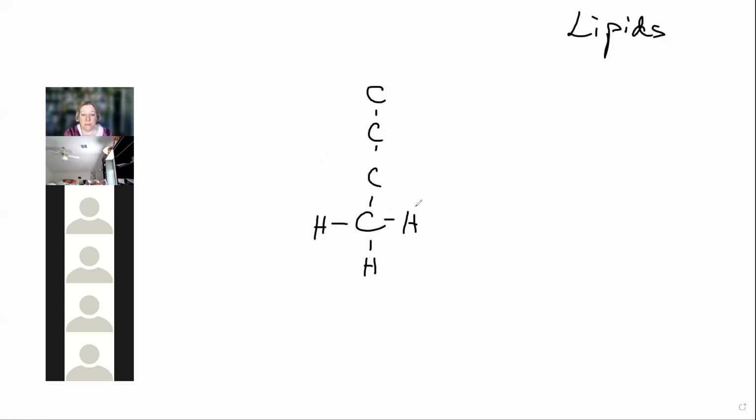Hydrogen, because it has one electron that it can share, but it wants two electrons in its outer valence electron shell, can form one bond. Carbon can form four, and sometimes it can form two bonds with another carbon. So I've got to get rid of one of these hydrogens because that would make five and it doesn't have room for five.